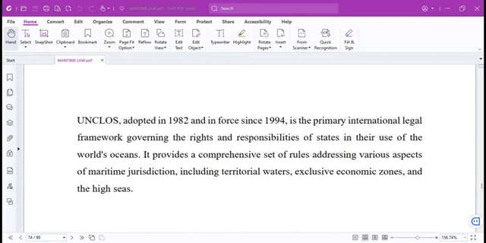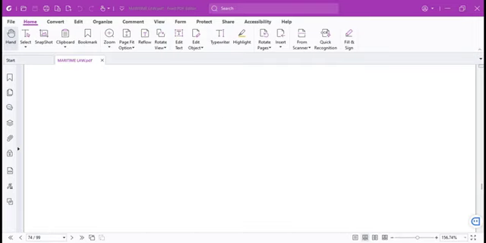UNCLOS, adopted in 1982 and enforced in 1994, is the primary international legal framework governing the rights and responsibilities of states in the use of the world's oceans. It provides a comprehensive set of rules addressing various aspects of maritime jurisdiction, including territorial waters and exclusive economic zones, the EEZ.